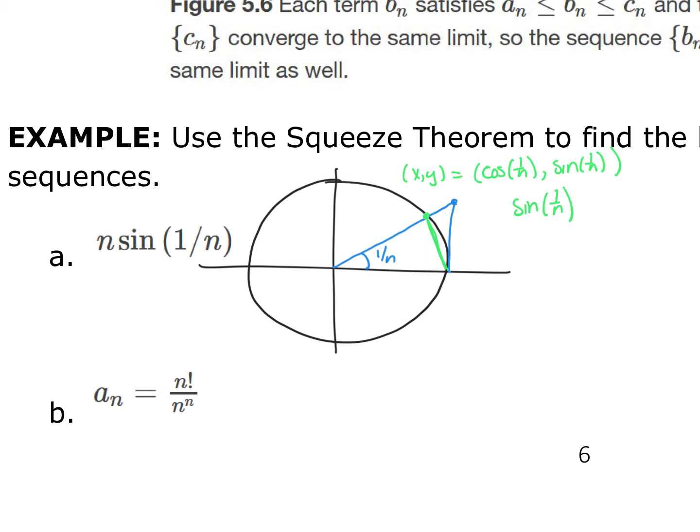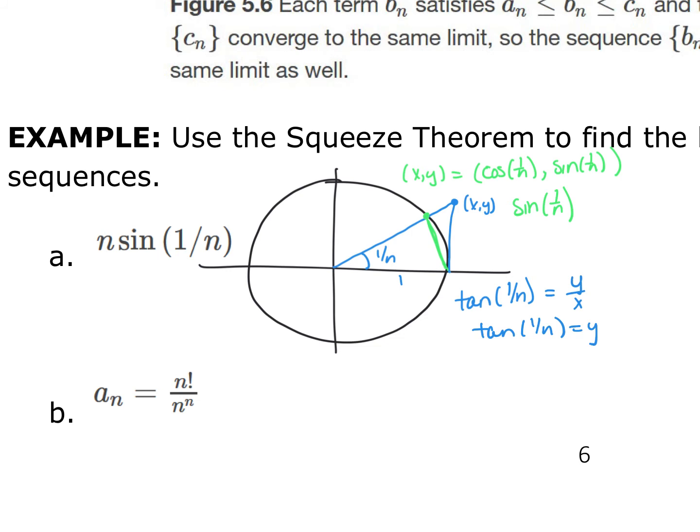Now, this point out in space is going to be some point x comma y. Now, the tangent of 1 over n is defined as the y value over the x value. The x happens to be 1 because this is the unit circle. So the tangent of 1 over n is equal to y, and that's that length.